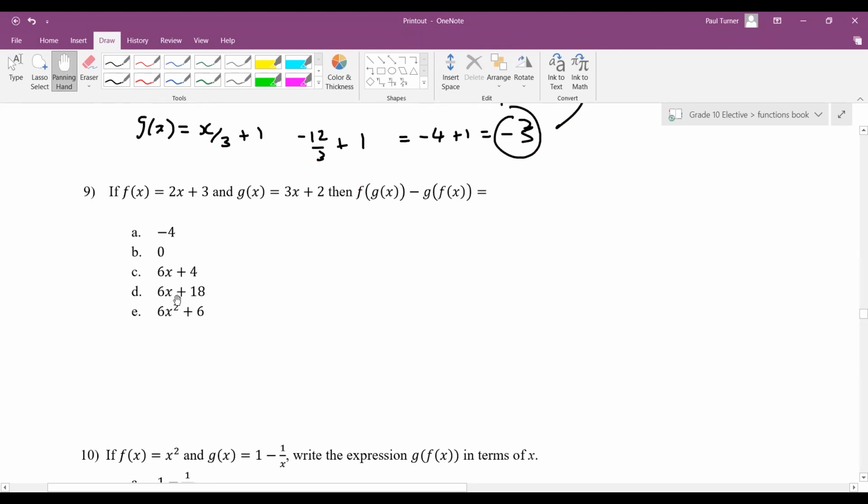Well, now you see what you've got to do here. g(x) is here. And f(x) is there. So you have to do two composites and then subtract the number and see which one is correct here. So that one is just simplifying.